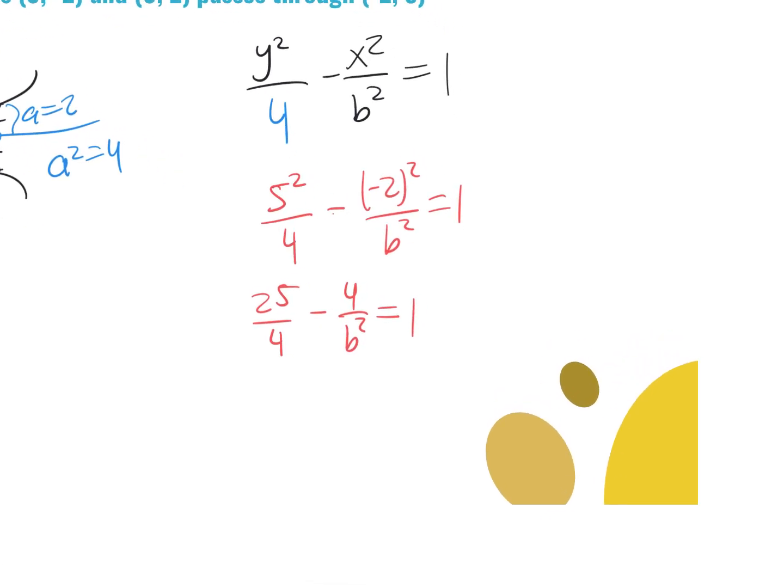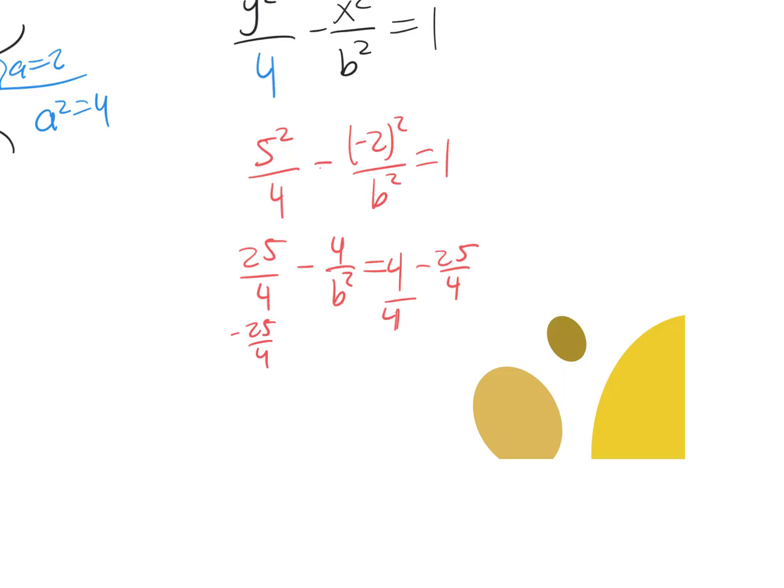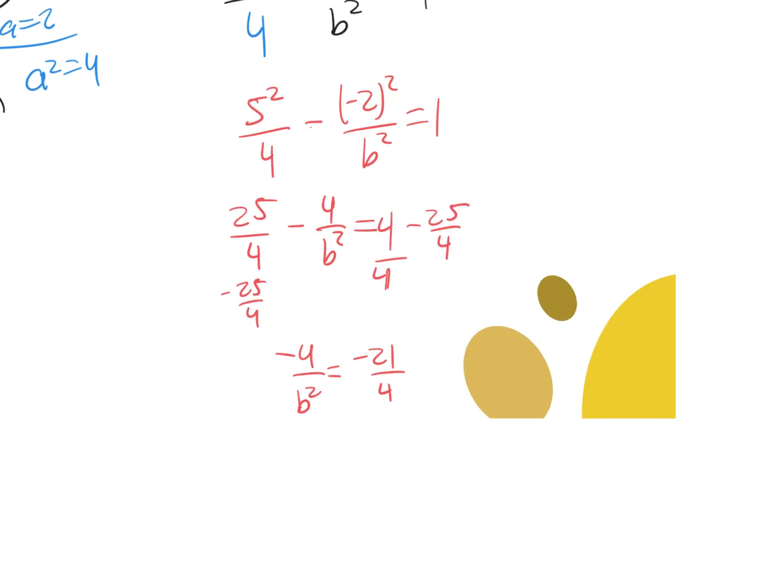And then we want to get the b squared by itself. Right? So I can go ahead and subtract 25 over 4 from both sides. And then to do that here, we would change this 1 into a 1 over 1, and then make it a 4 over 4, right? And then 4 minus 25 is a -21, so we end up with -4 over b squared equals -21 over 4. All right?